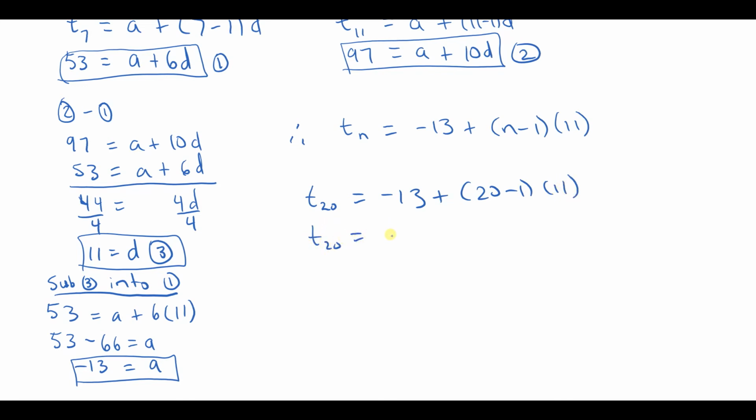T20 is equal to minus 13 plus 19 times 11. If I just estimate this to make sure I get something in the right area, 10 times 20 is 200. It's going to be really close to 200.